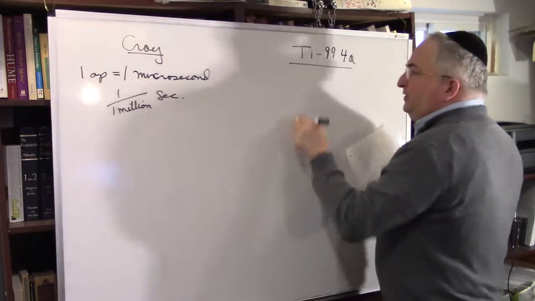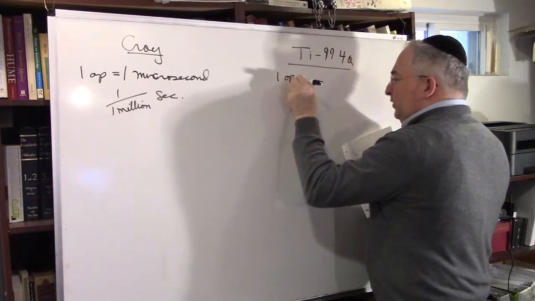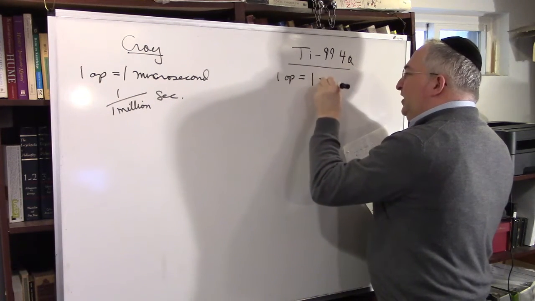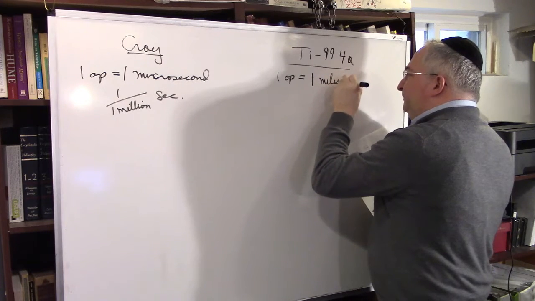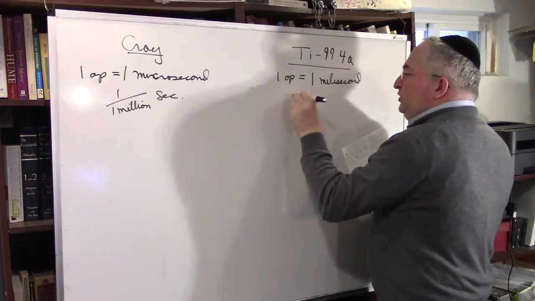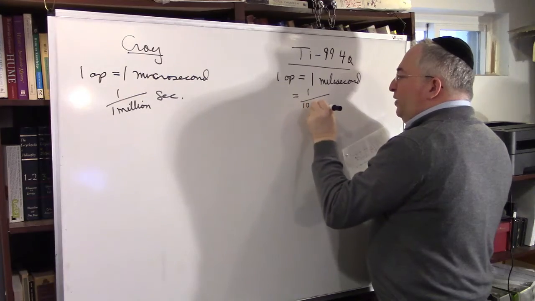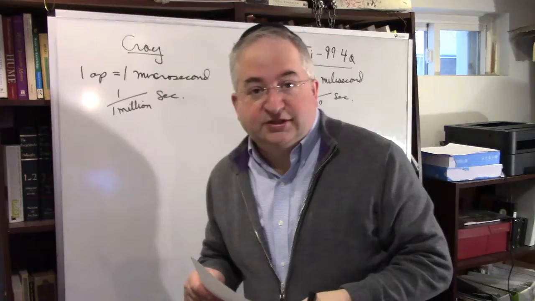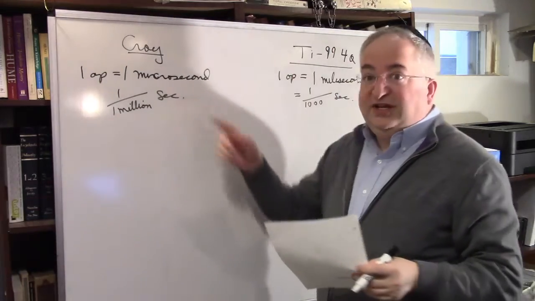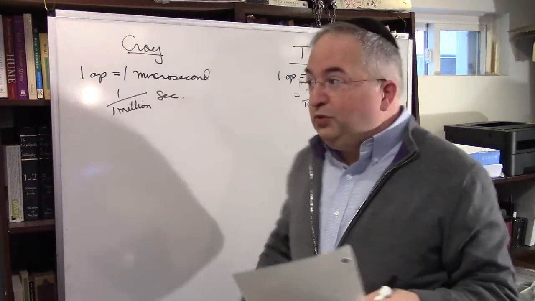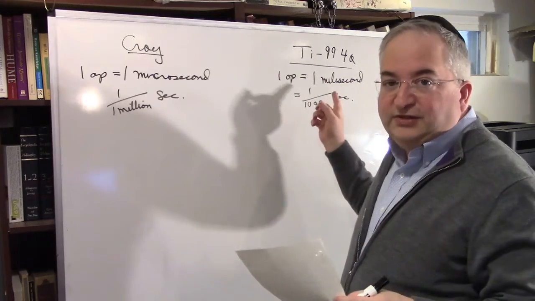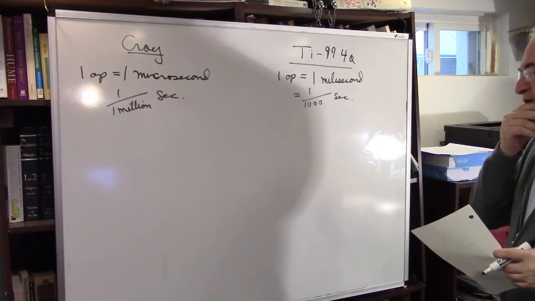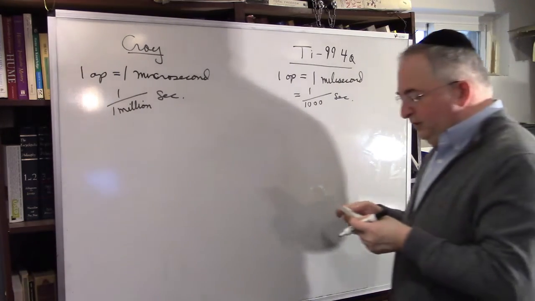As opposed to that, this was much slower, and it can do one operation in a millisecond, which is equal to 1 over 1,000 seconds. So it can do 1,000 operations in a second. Now, a million is 1,000 thousands. So this computer is 1,000 times faster than this computer. So that's telling you the difference of these things.